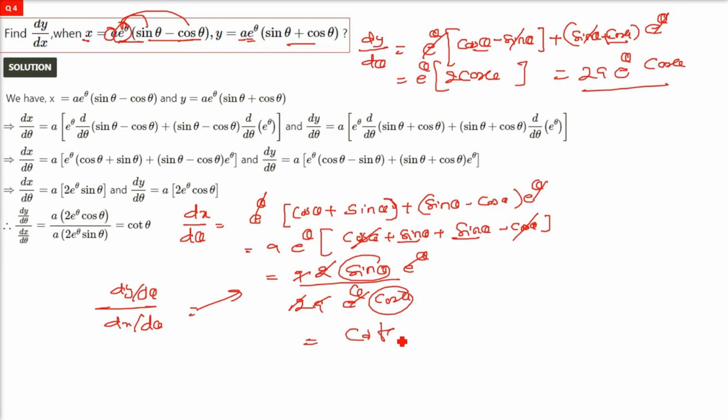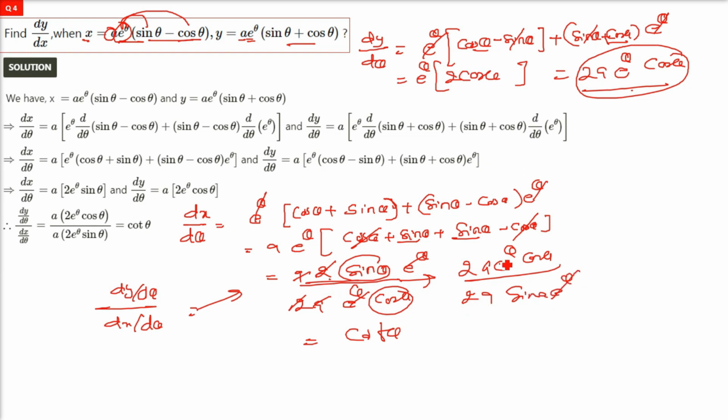As I said, you have to divide dy by d theta by dx by d theta. We just have to exchange the numerator and denominator right now: 2a e to the power theta cos theta, and here twice a e to the power theta and sin theta. So you can just cancel these all, and cos theta by sin theta ultimately will give you cot theta.